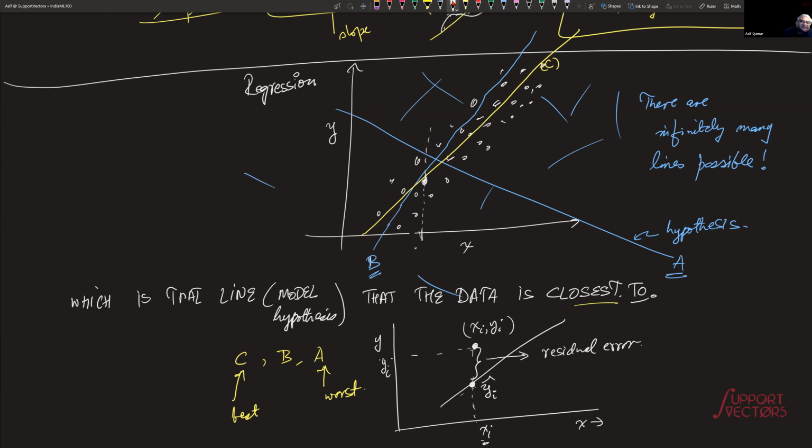But if you look at the data, there is no such line that exists. Because of noise, the data is scattered. It is not all on one line. So all you're looking for is not the non-existent line which fits all the data, but that line that the data is closest to. So the definition of closest is the distance between the line and the data point, or between y and the prediction. Given xi, reality is yi, and prediction is yi hat.